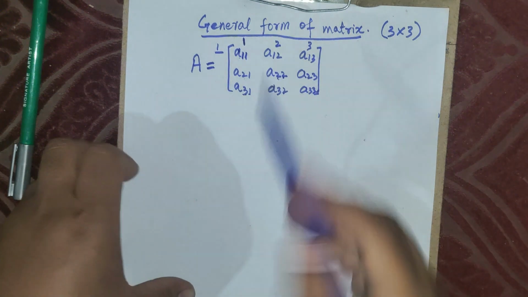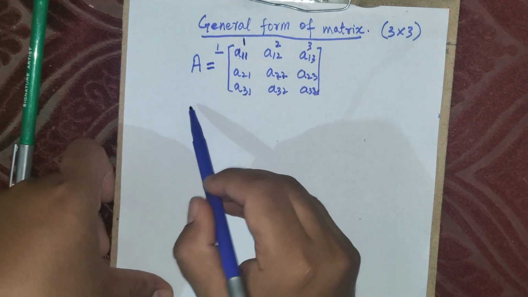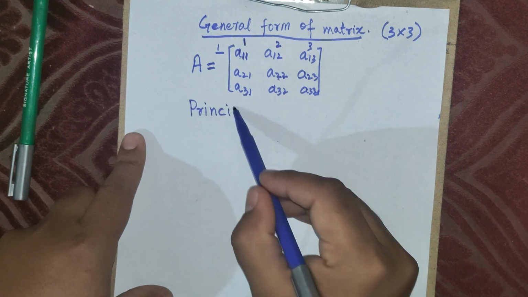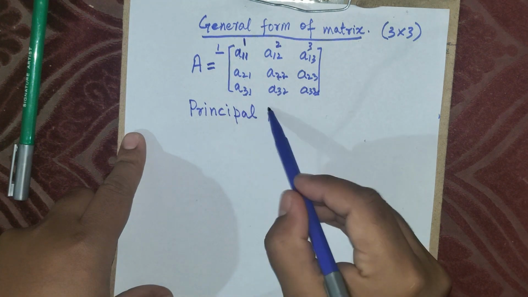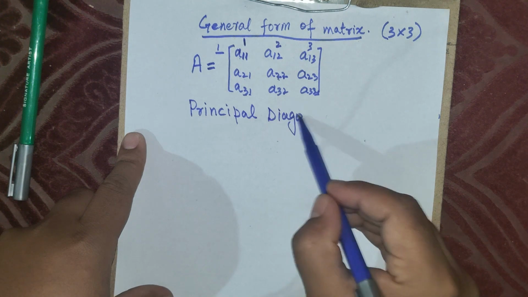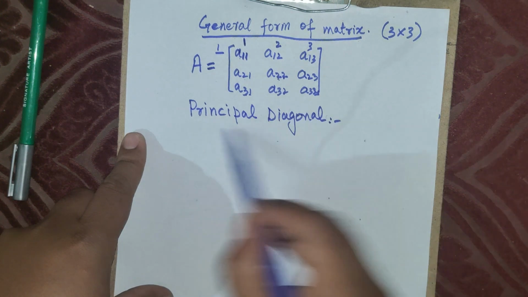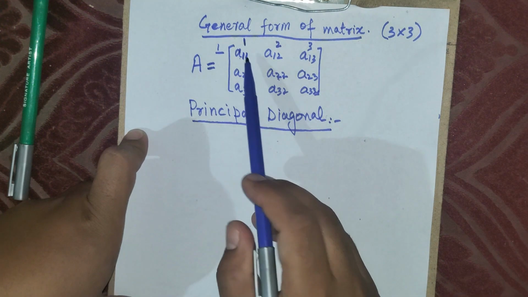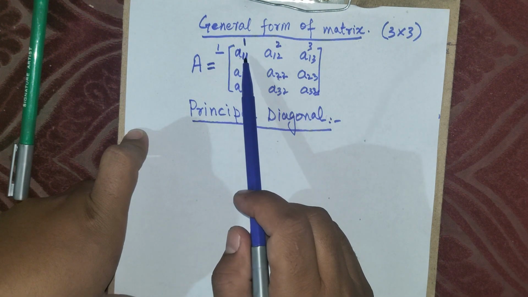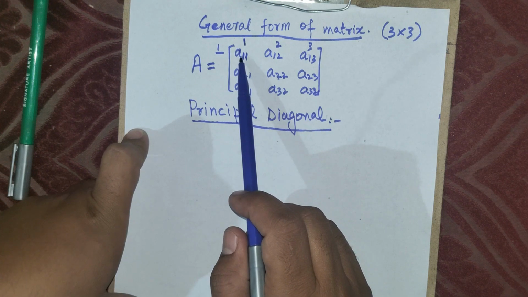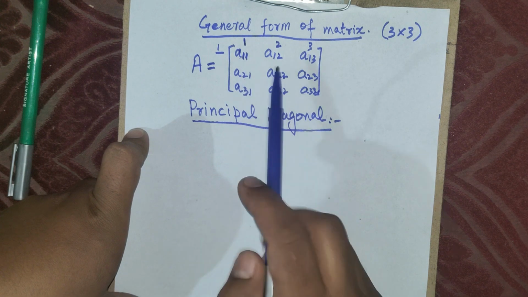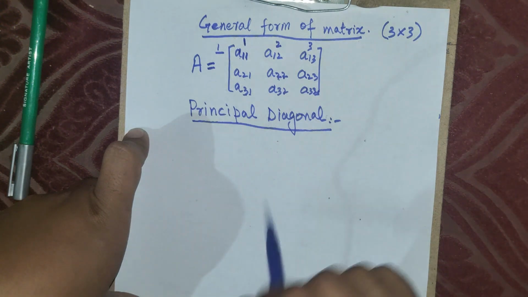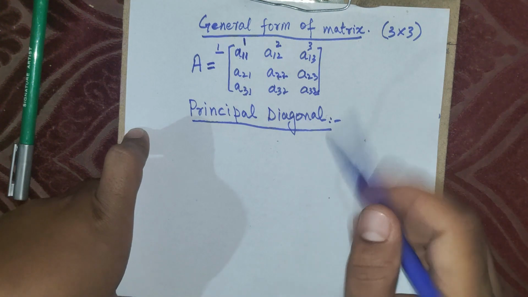Now, from this matrix we can define and explain the principal diagonal. The principal diagonal is basically all the numbers appearing at A11, A22 and A33, which are called the elements at the principal diagonal.